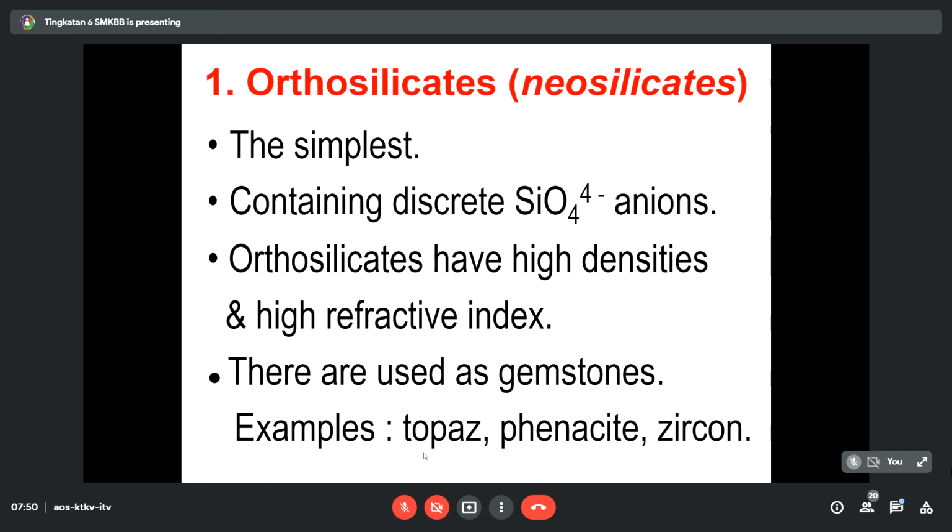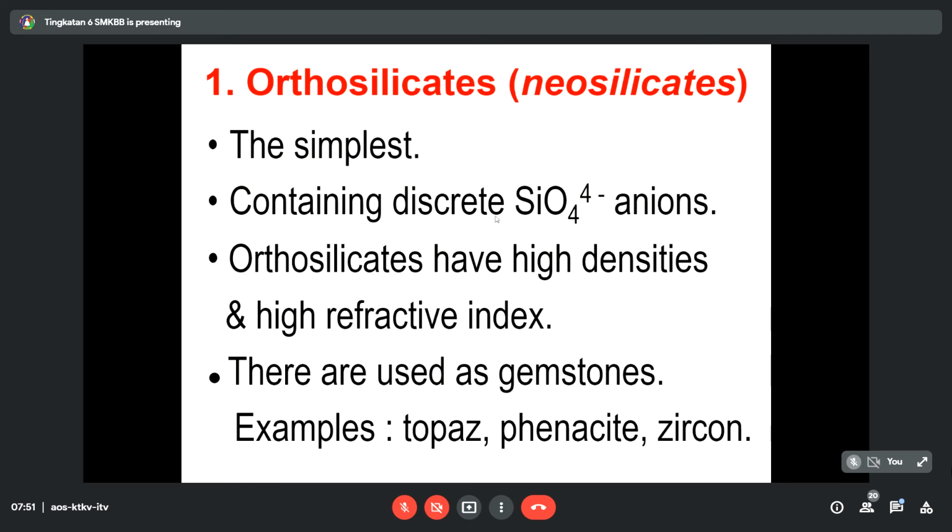Zircon also, normally we say, is a fake diamond, because you can cut it and it has such a high refractive index that it reflects light, so it looks really like diamond. That is the simplest type, containing SiO4. Discrete means SiO4 alone, just 1 unit like that.